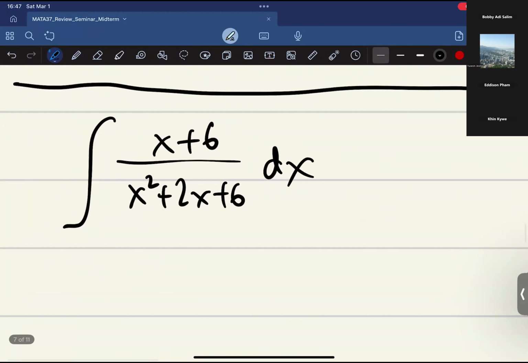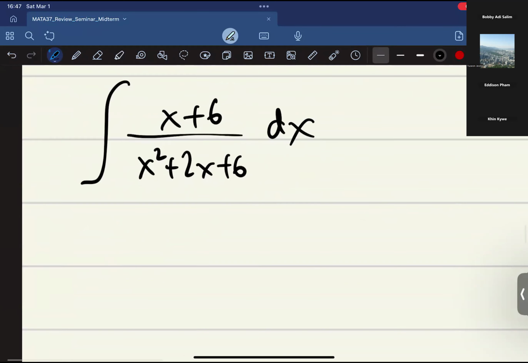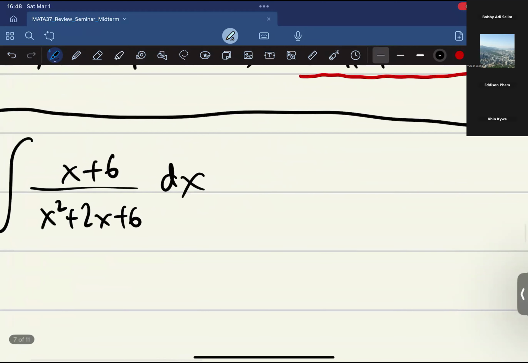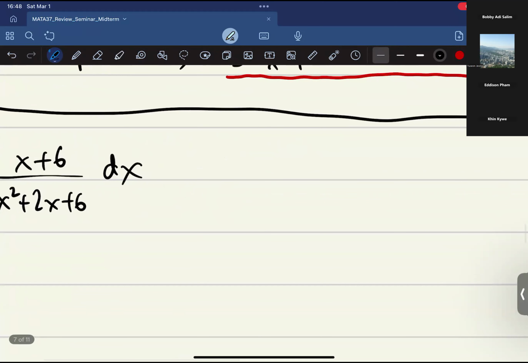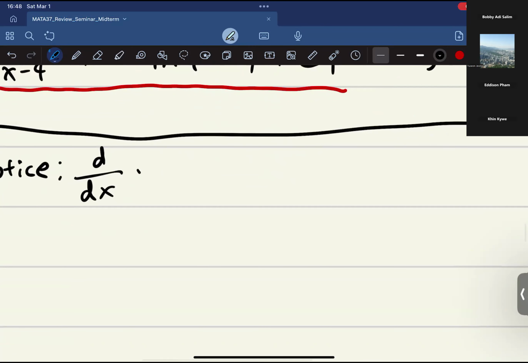this is a rational function. But again, as we said before, x squared plus 2x plus 6 cannot be factored anymore. So PFD won't help you here. But you can notice that the degree of the denominator and the numerator only differ by 1. And if you differentiate the denominator, you'll get a linear term, 2x plus 2.